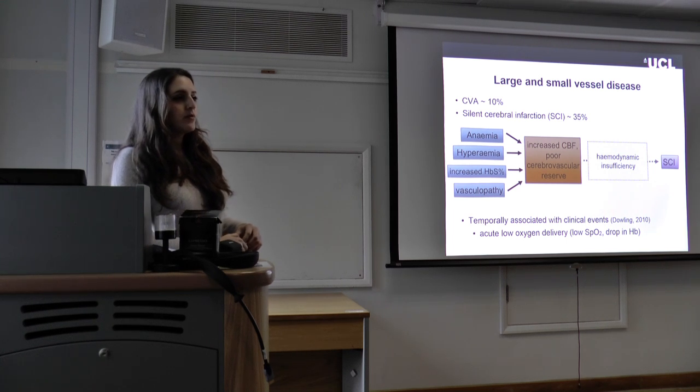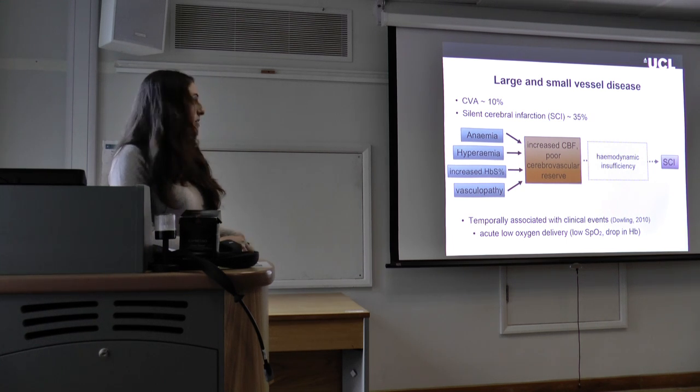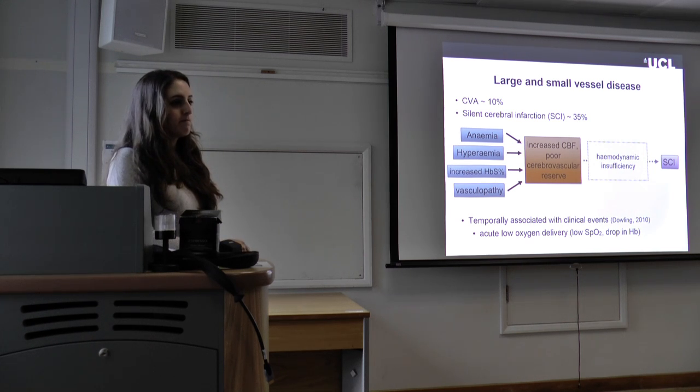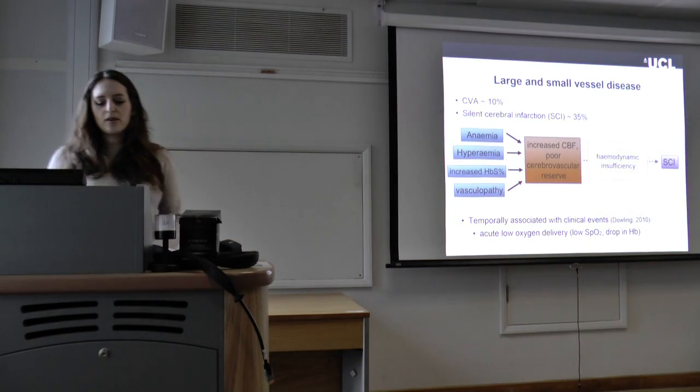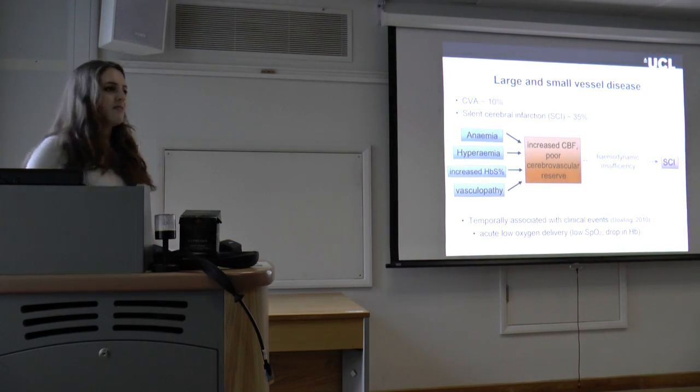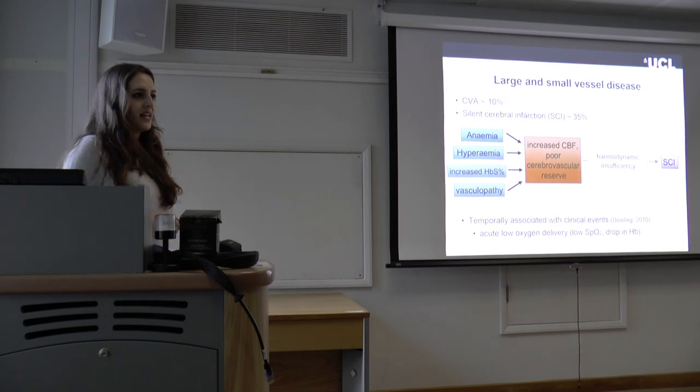I wonder whether that falls under silent cerebral infarction. Yes, that would be silent. A combination of small and large, but predominantly these are small. Basically, if it's not labeled a clinical stroke in A&E, it's silent.